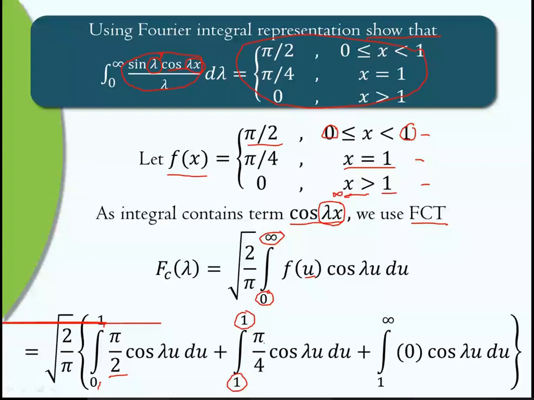Next interval is greater than 1, which means the upper limit is infinity, so it is from 1 to infinity. But there, the function takes the value 0. So it will be 0 times cos λu du. Now 0 times cos will be 0 and the integration of 0 will be 0. So all this integration will be 0.